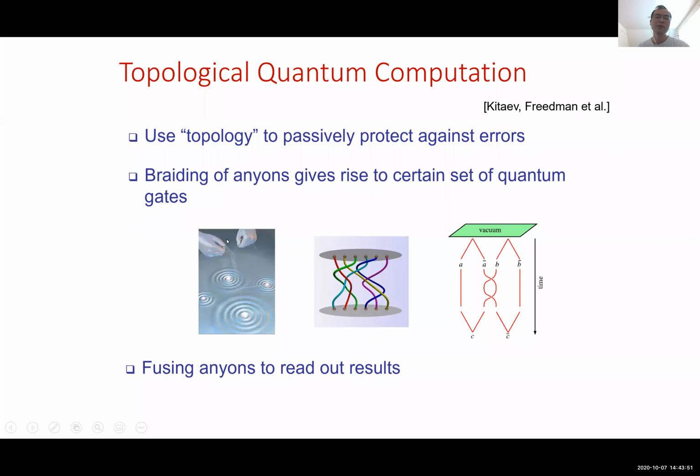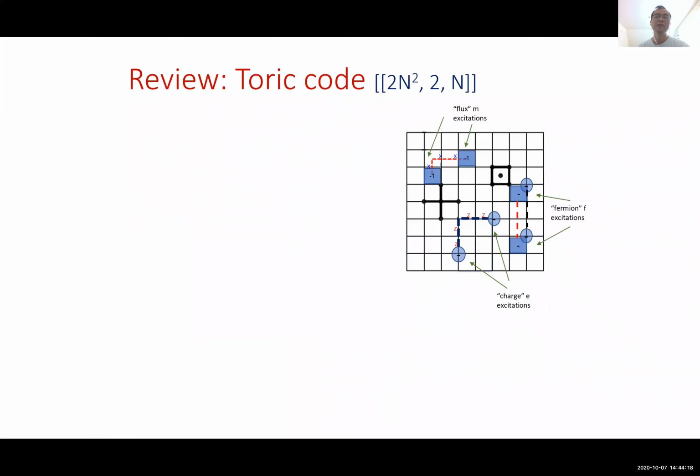Interestingly, they form a braid group that would give rise to some gate operations, as we will also see today. Then when you measure, you probably want to annihilate them into the vacuum, and then you can read out the outcome. Okay, so I will review some Toric code examples.